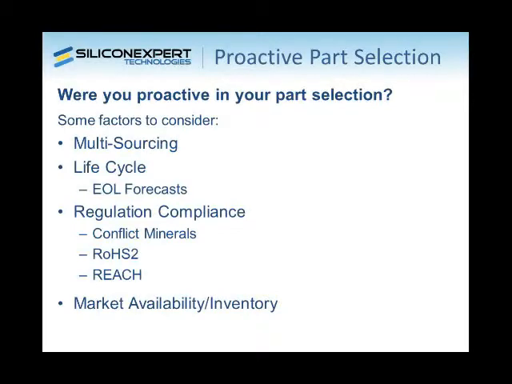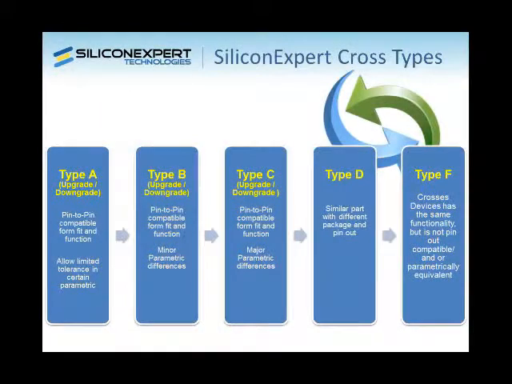We're looking to make sure that part is RoHS 2 compliant, complies with REACH, and that there's conflict mineral information from that manufacturer, ideally. And then we're looking to make sure that part has a history of being available, inventory from franchise distributors, and so forth.